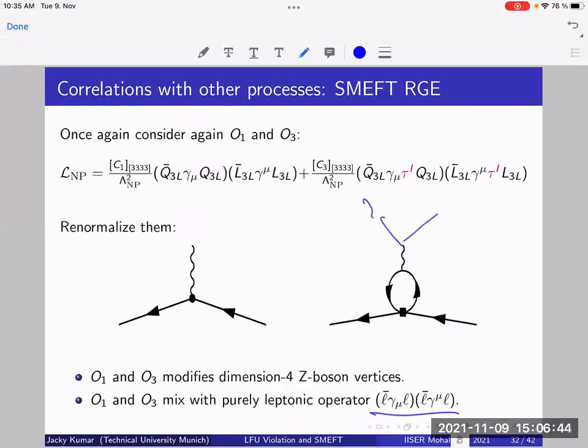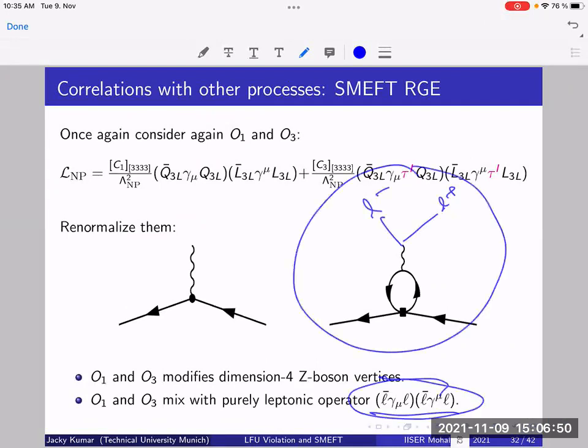If you couple it to L plus L minus, you generate four-Fermi operators. If you calculate this diagram, it will diverge, so you will need a counter term. You will need to renormalize this semi-leptonic operator, and you need a counter term for the purely leptonic operator. In technical language, we say that this operator O3 has mixed with these purely leptonic operators.